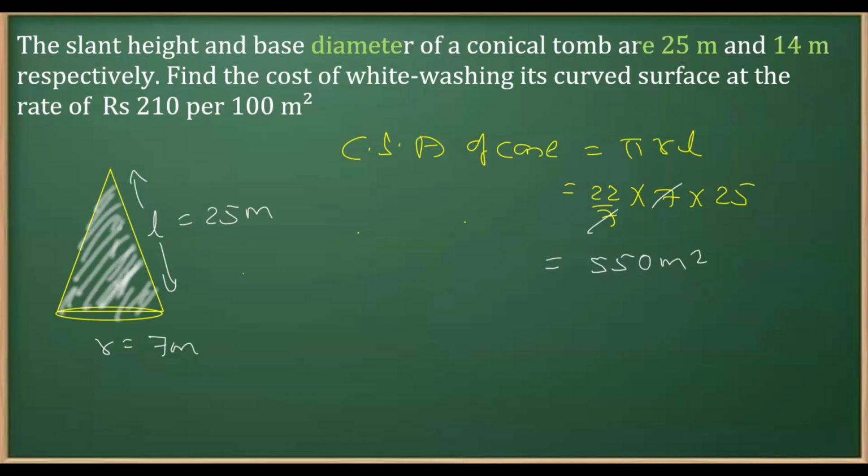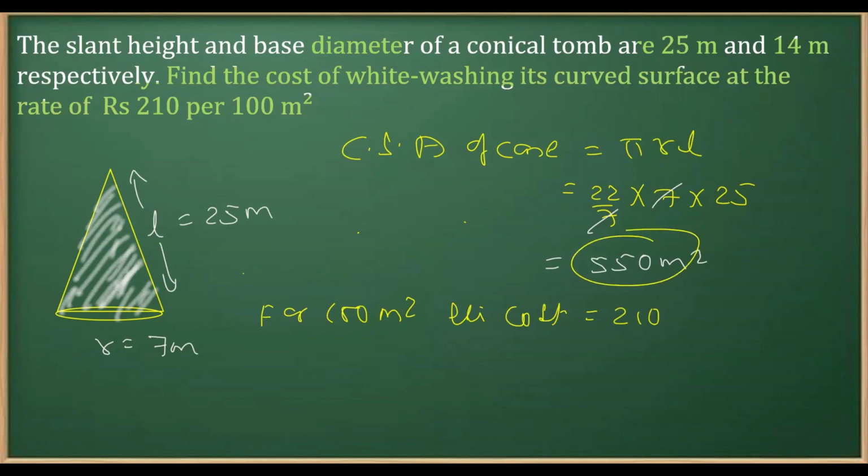But then what we have to find out is the cost. Find the cost of whitewashing at the rate of rupees 210 per meter square. This means for every 100 meter square, the cost is 210. But then we have to find for 550 meters square.